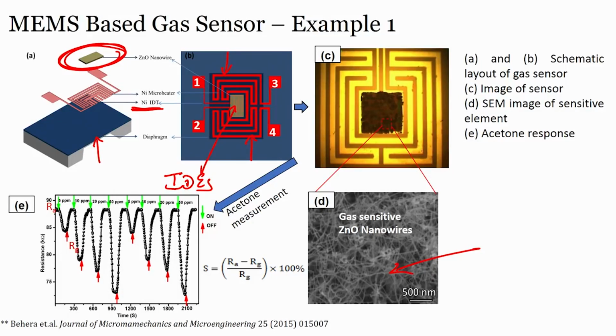So, when you actually operate, this is how the heater is operating. You can see this yellow color, this one, right, this heater is on, these are connection to the interdigitated electrodes, this is connection to the interdigitated electrodes, and this one is your zinc oxide sensing layer. You can see here in gas sensitive ZnO nanowires, right.